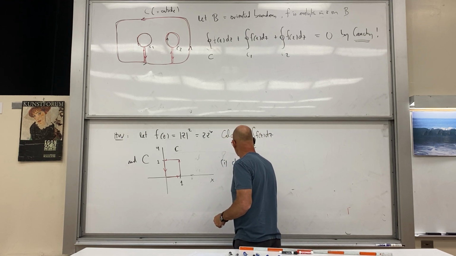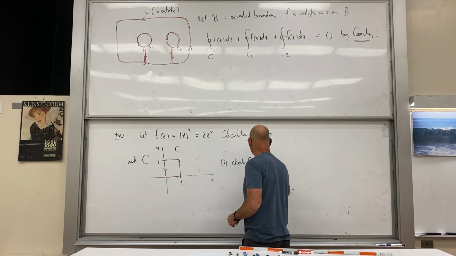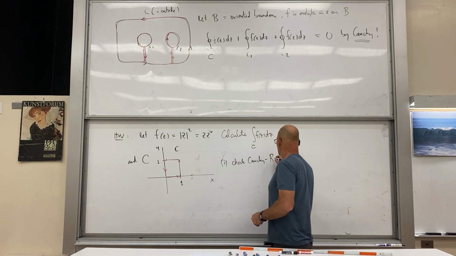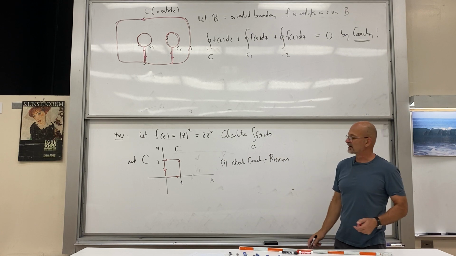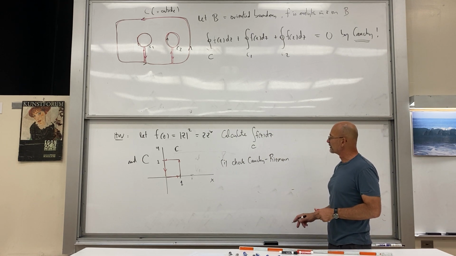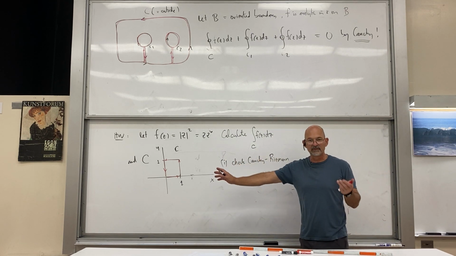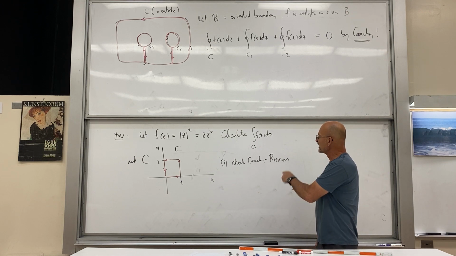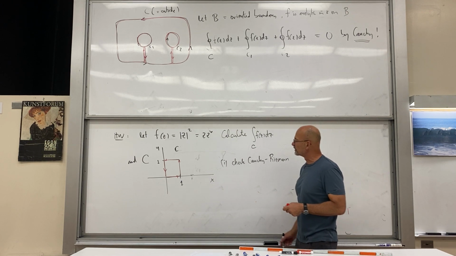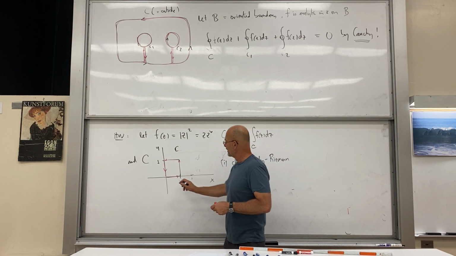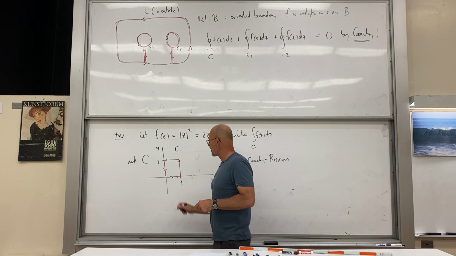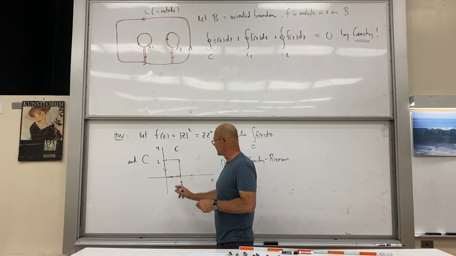First, check Cauchy-Riemann. The function is not analytic, okay? You're going to get a finite number out of it, but check Cauchy-Riemann. Trivially, you're going to see it's not analytic. So you actually get a number out of that, and it's a simple number, but you got to monkey around a bit with this thing here, right? So down here, y is 0. You just have x from 0 to 1.